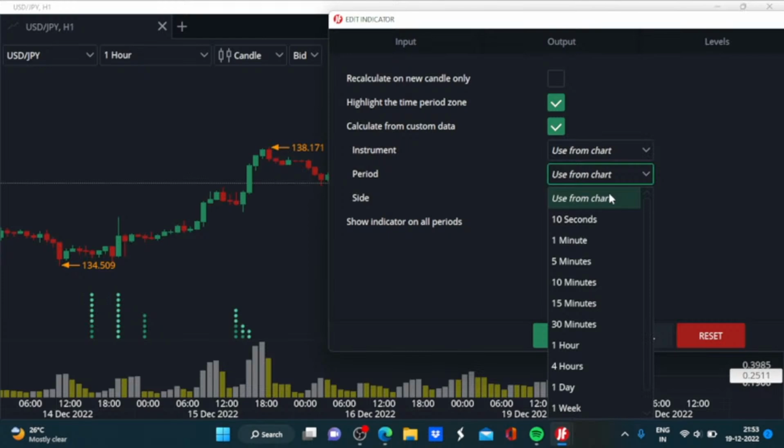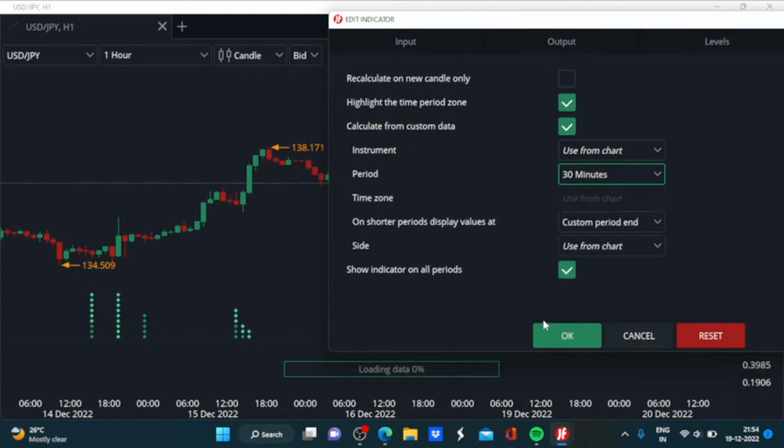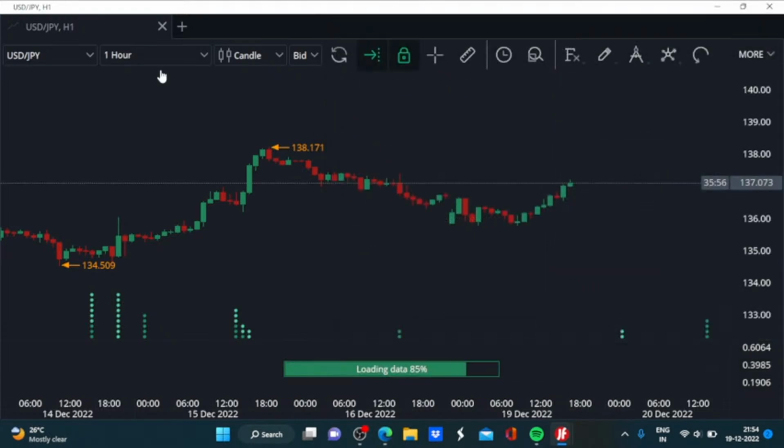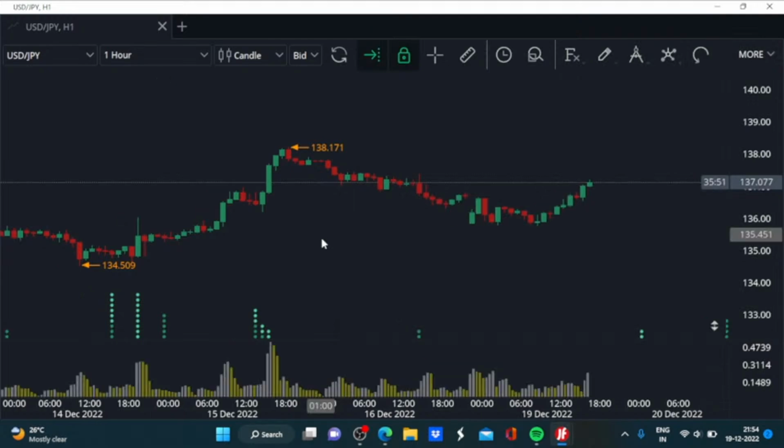So now the current candle period is the hourly time frame, and the plotting of the indicator has now changed to 30 minutes, simply because I have defined the candle period of this indicator as per the new customization at 30 minutes.